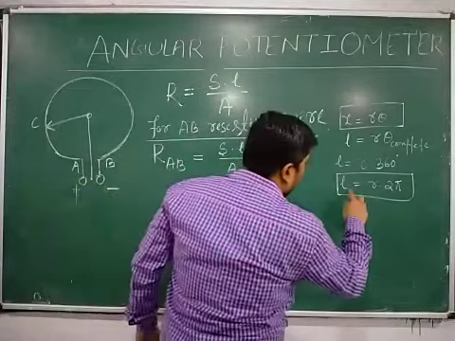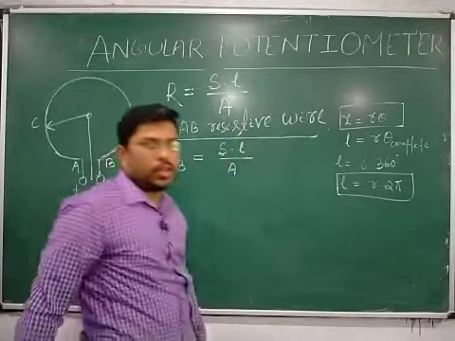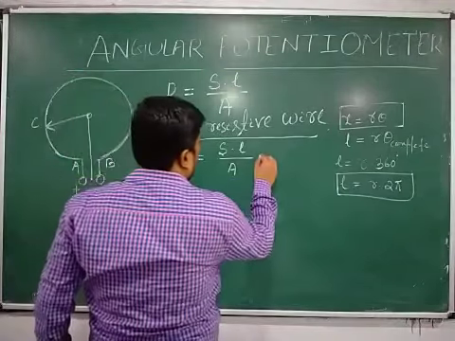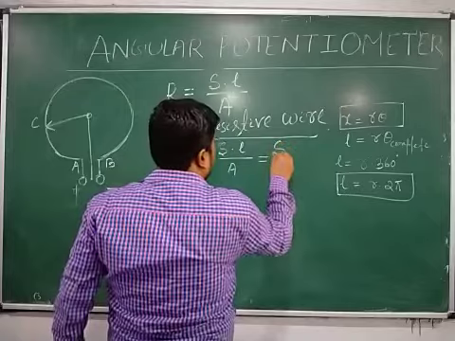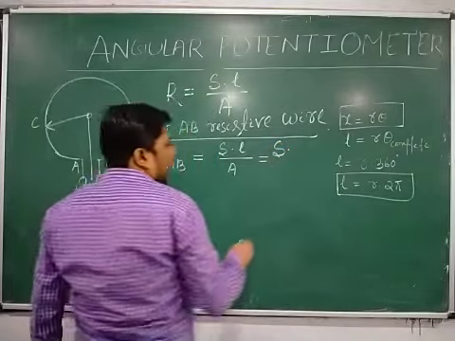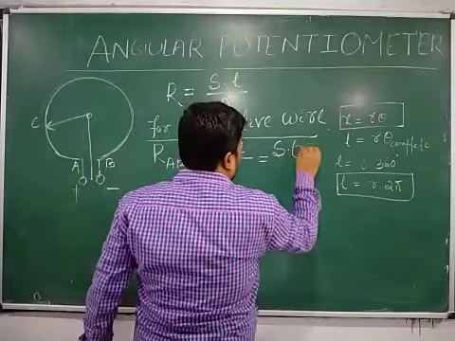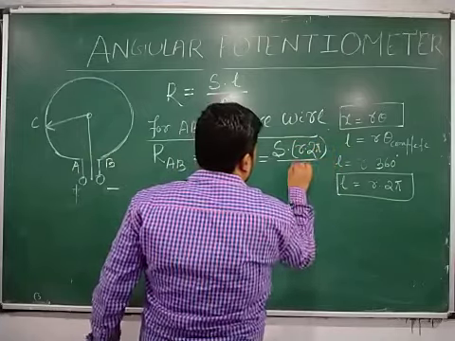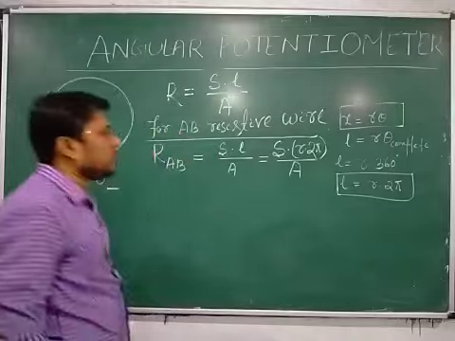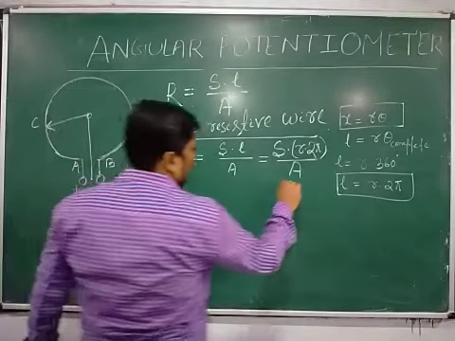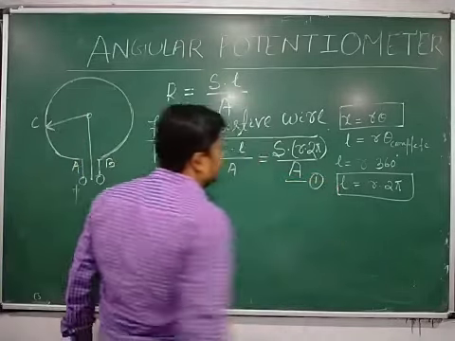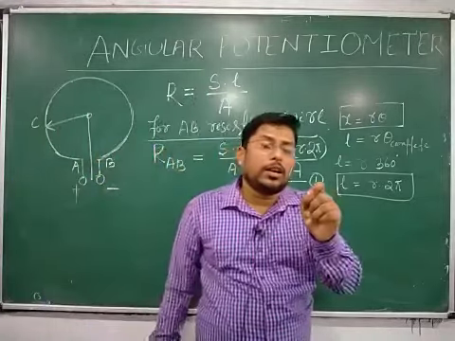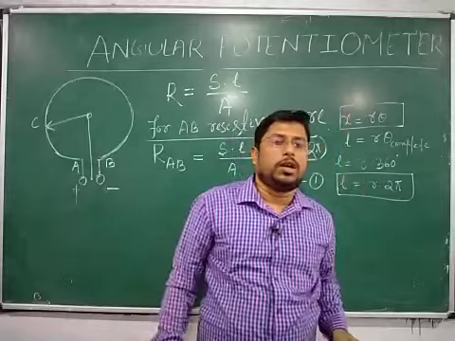I have already found out L is equal to R into 2 pi. Just put the value of L here. It will be S into R into 2 pi divided by A. Take this as equation number 1. So it is the case when the slider is not touching the resistive wire.